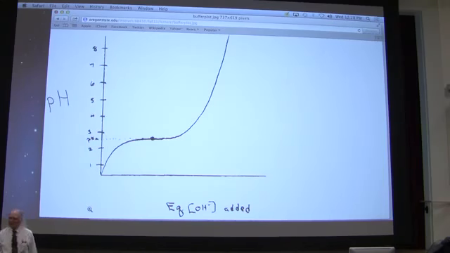And how will I increase the concentration of protons? Adding a strong acid. So if I add HCl, I'm going to see it go this way. If I add NaOH, I'm going to see it go this way. If I looked at this graph and I said, okay, at this point on this graph right here, is there more salt or is there more acid? What would you tell me? More salt.